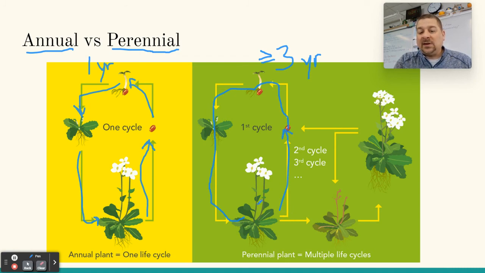But the second and third year, oftentimes the stem and so forth are sort of lost, and some of the vegetation and root structure stays in the soil, and next spring will sprout again, which then produces more seeds. And this may happen 3 years or more, where that plant is always there.